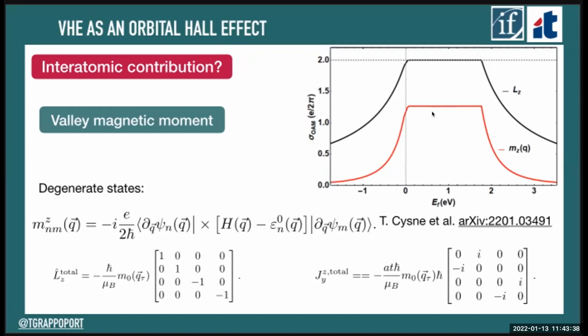The other interesting thing is that we are used to calculating, for example, the magnetic moment of a valley as just a scalar, but we show in this work that when we have the generic state or almost the generic states, it's actually necessary to take into account a non-abelian structure for this orbital magnetic moment.